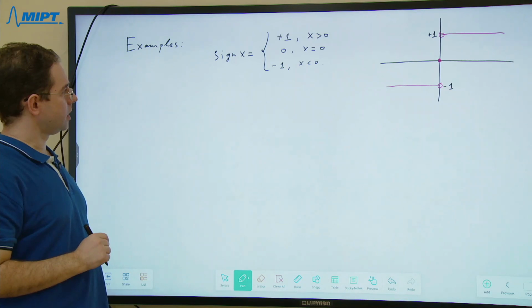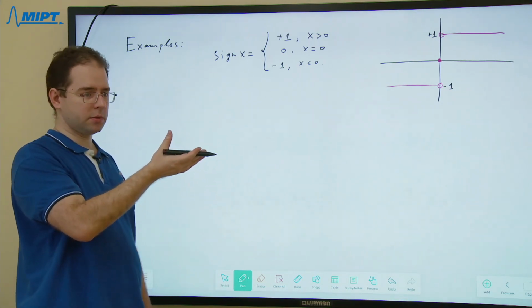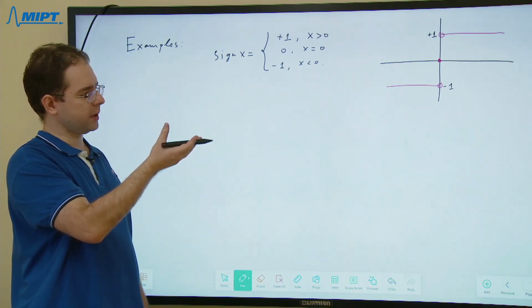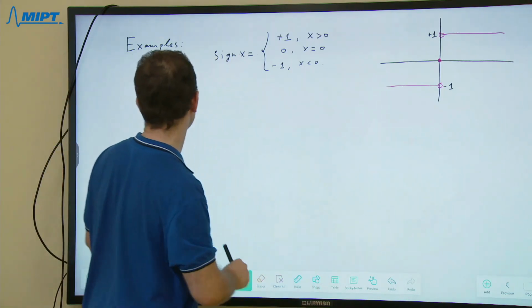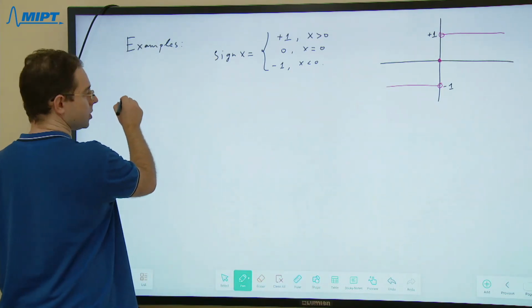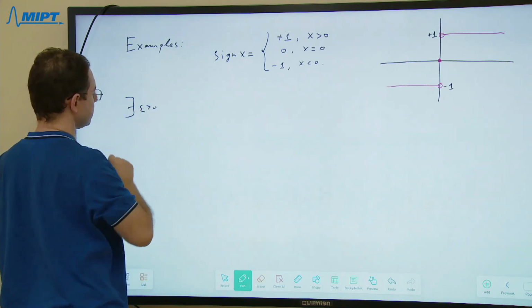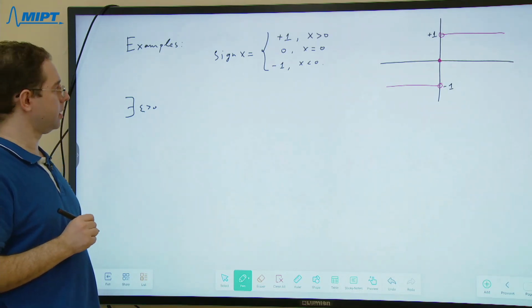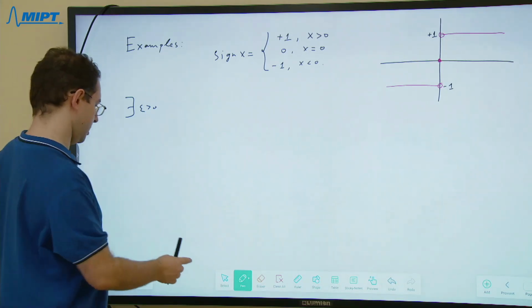Okay, so let's see. I'm checking if the definition of a discontinuity holds, the last line from the previous page. Okay, so there exists epsilon greater than 0. I shall write the exact number here.